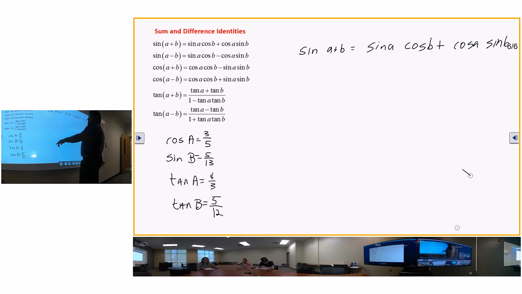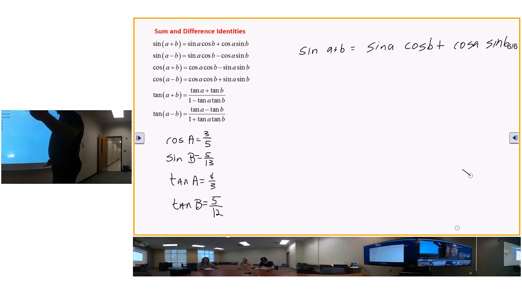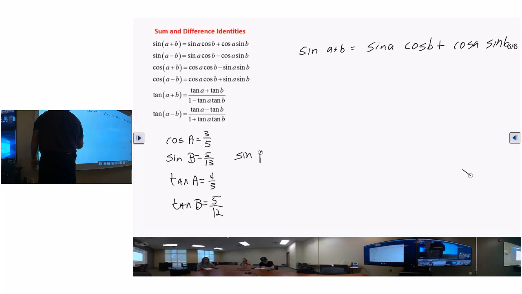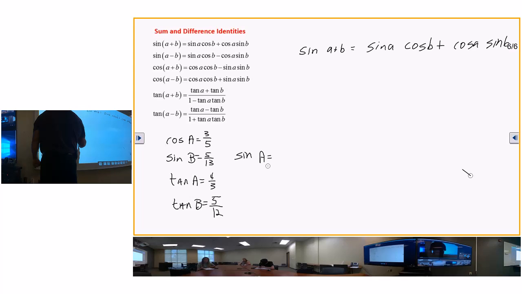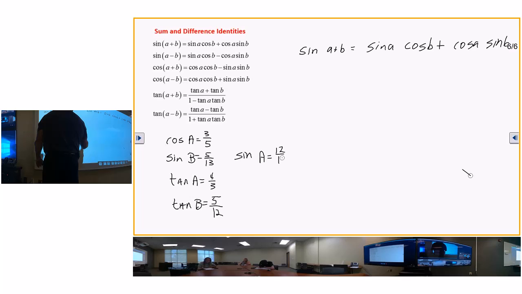The sine of A. We didn't get the sine of A. I thought we had the sine of A. We did, but you erased the triangle. It's 12. Sine of A is what? 12 over 13? Sure. Y'all check me. I need the cosine of B. I forgot to get that one too. Or did I not write it down? You didn't. What's the cosine of B?